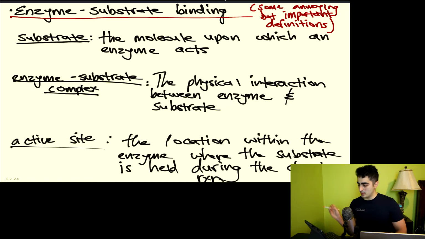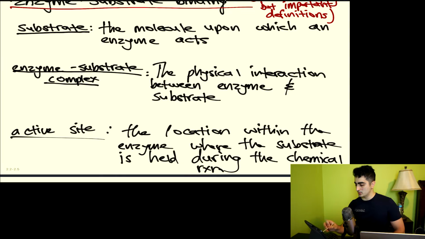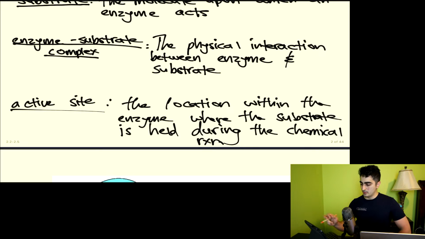The enzyme substrate complex is the physical interaction between the enzyme and the substrate. So obviously the enzyme and the substrate have to physically interact for a chemical reaction to occur. Has to be a certain conformation, has to be a certain specificity and orientation of the substrate for the chemical reaction to occur. And what's really, really important on this page is the active site.